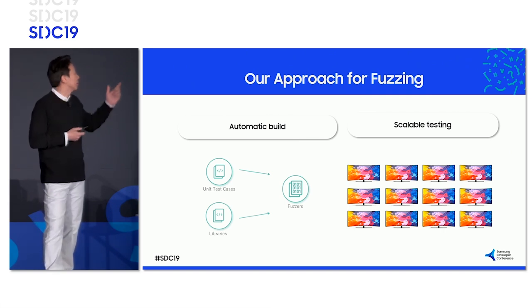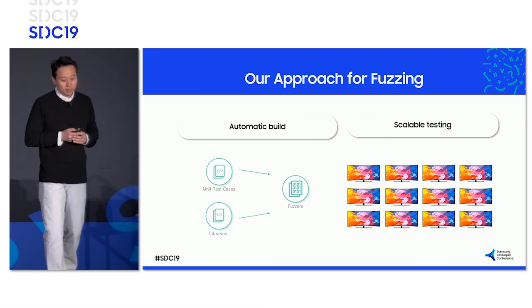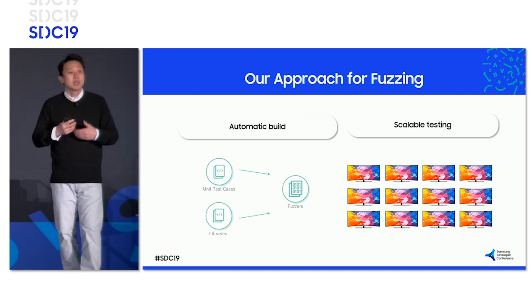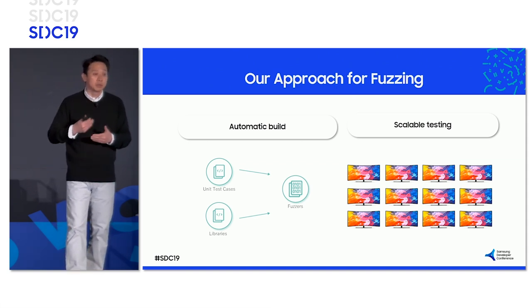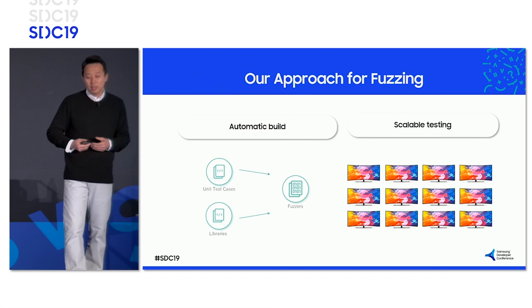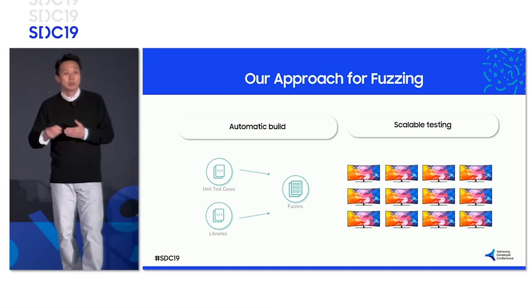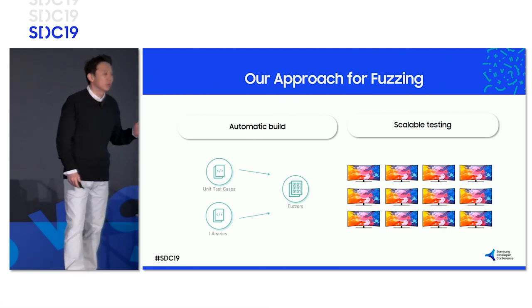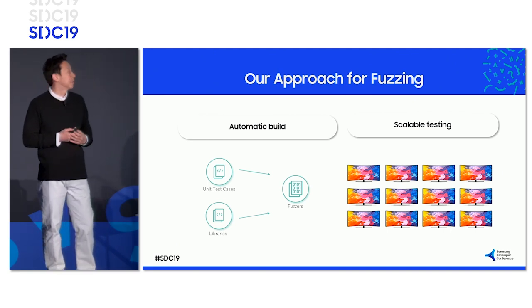So we use this unit test code. Developers just put in their code, and we automatically generate the fuzzing code and fuzzing library, and then run that code on the server side. So developers don't need to do anything for fuzzing.